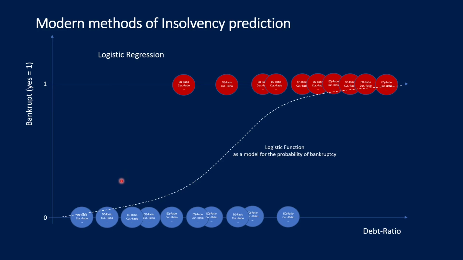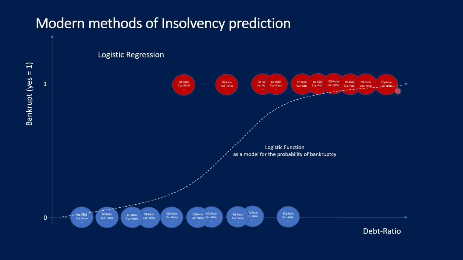And now we need to fit this logistic function here, and that's a beautiful function because it strives to 0 the lower the debt ratio, and it strives toward 1 the higher the debt ratio. Accordingly, we can model the probability of bankruptcy induced by the debt ratio.